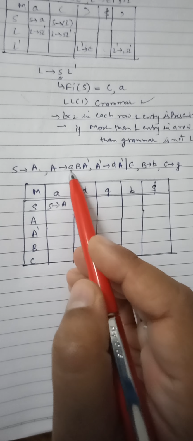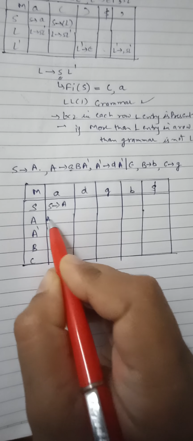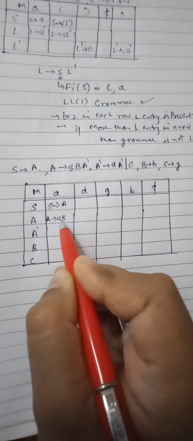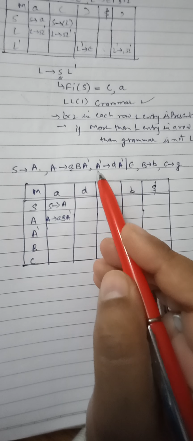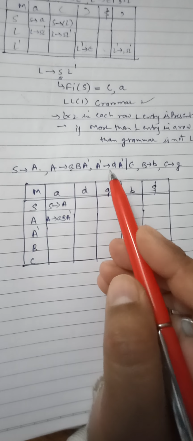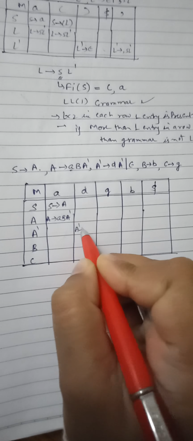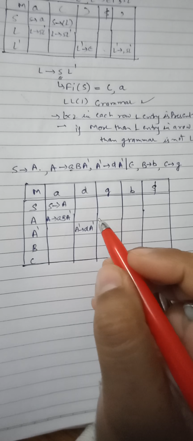And from here, because it is directly a, A tends to A, B, A dash will come here. Now for A dash, because A dash tends to D A dash, this comes directly here.